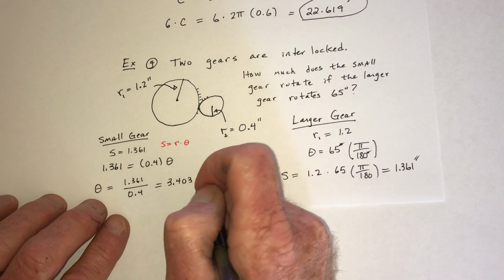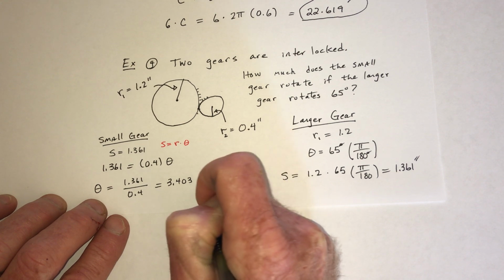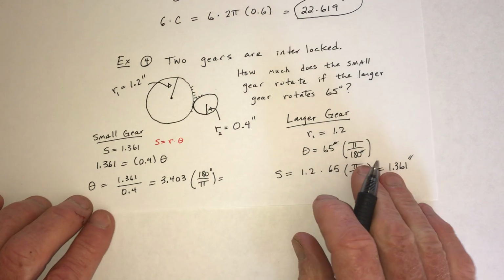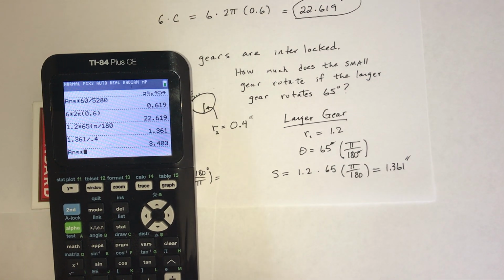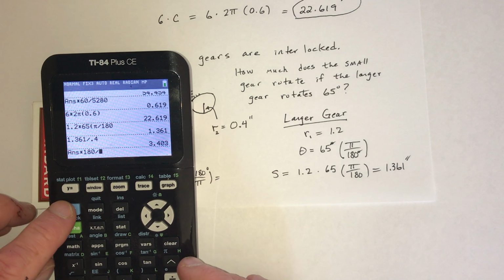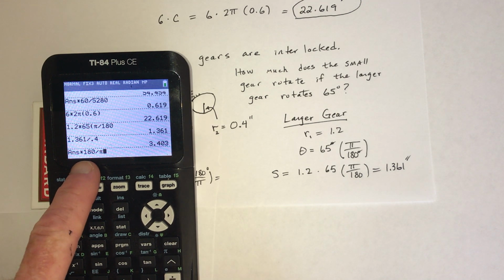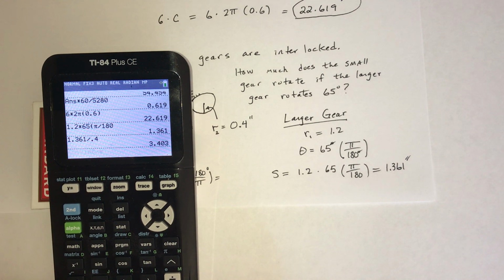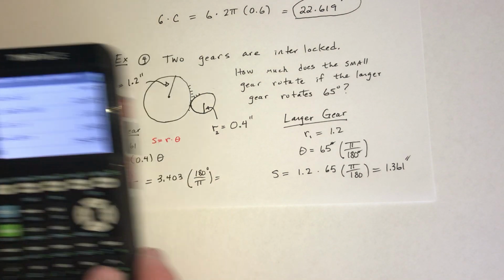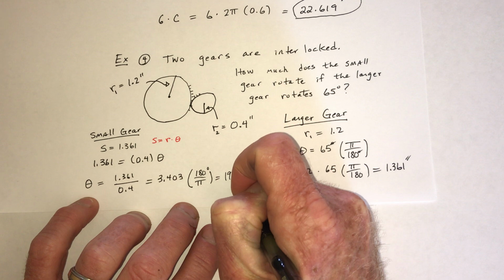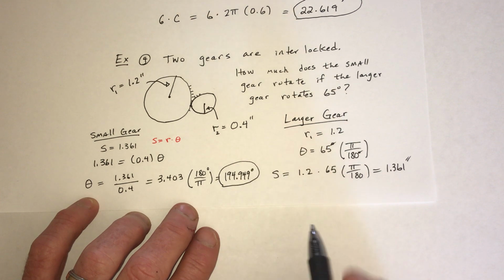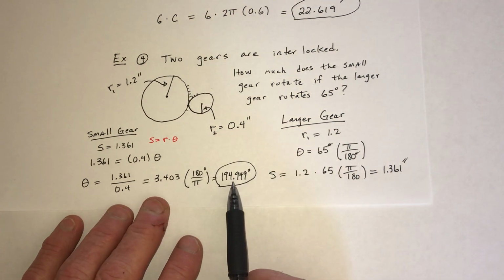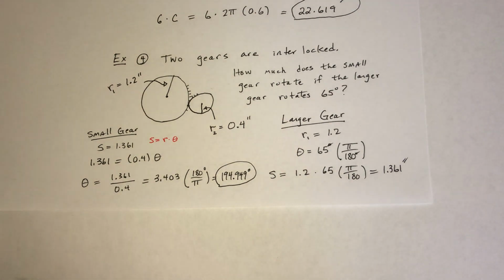So multiply by 180 over pi, and now it will be in degrees. Just take the last answer and multiply by 180 divided by pi. Because it's multiplication and division, you don't have to put parentheses. You can if you want. And so that would be approximately 195 degrees, or more precisely 194.949 degrees. So if the big one rotates 65 degrees, the small one's going to have to rotate approximately 195 degrees.